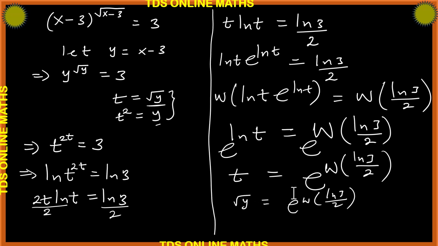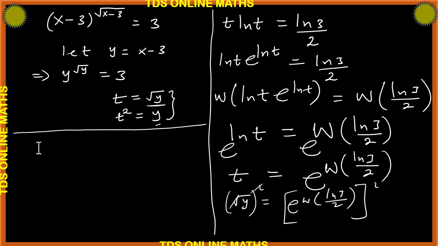So I'll square both sides. So we have y equals e raised to W of ln of 3 over 2, all squared.